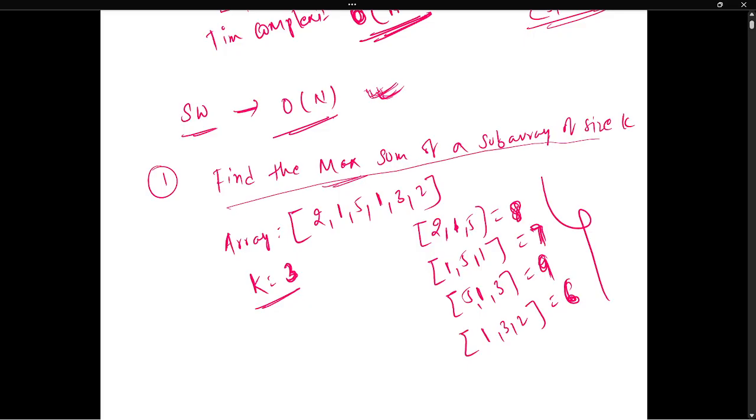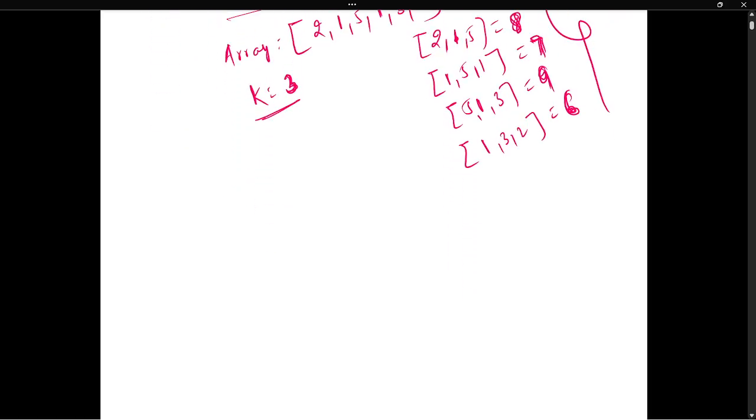If we solve this using brute force, you will come up with a complexity of O(n*k). Why? Because you have to run two loops. One ranges over the array elements, and then you need to run another loop which iterates over the k elements.